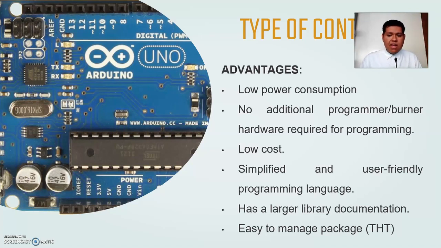It has a simplified and user-friendly programming language. It also has a larger library documentation. And the most important aspect, it has an easy to manage package, a THT package, which means through-hole technology. This makes the diagram and PCB design much easier, and it's easier to work with this type of package as we can use it on breadboards.